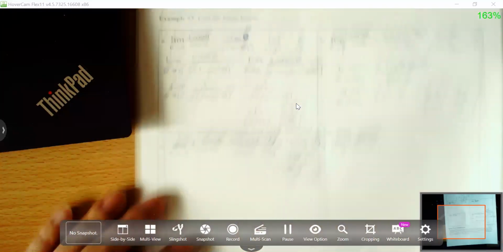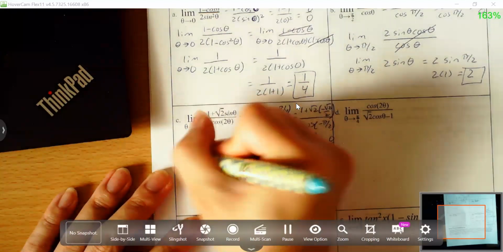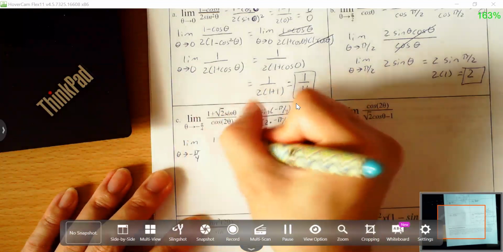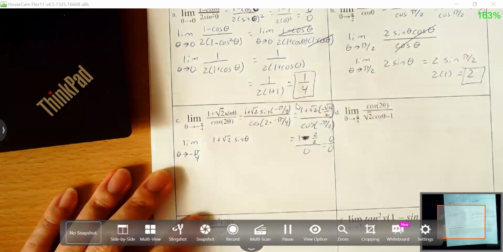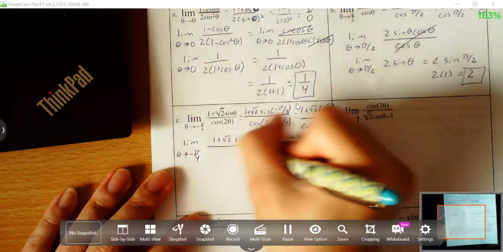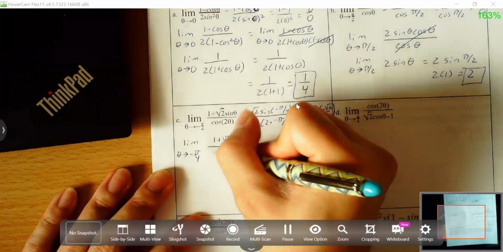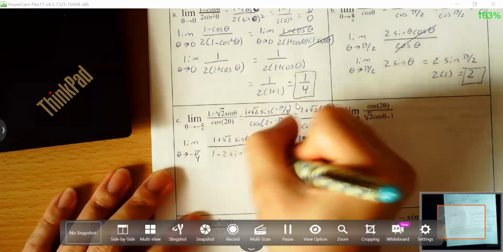So this is going to be the limit as theta approaches negative pi over 4 of 1 plus root 2 sine theta all over 1 minus 2 sine squared theta.